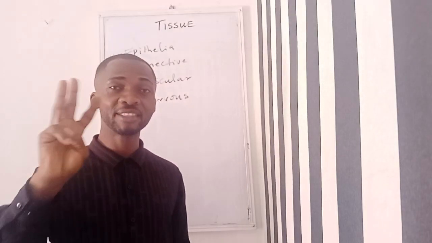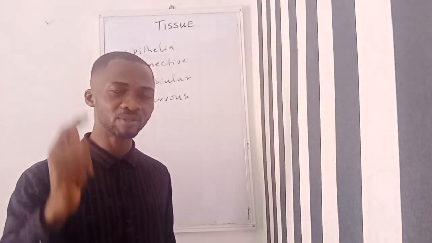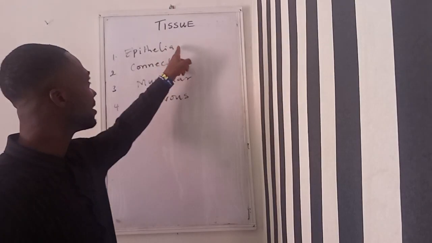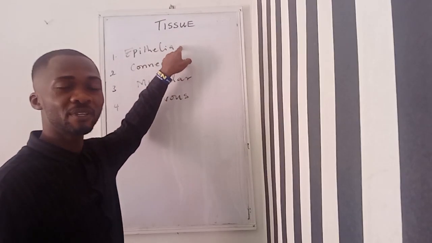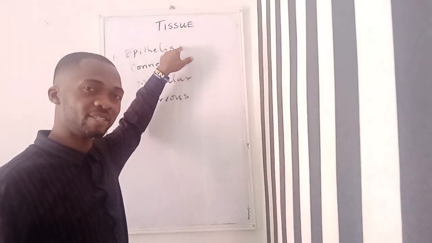The first one, called epithelial tissue, of course, is derived from the three germ layers, the ectoderm, the mesoderm, and the endoderm. That is where this epithelial tissue is derived from.